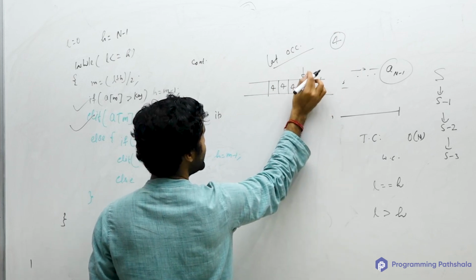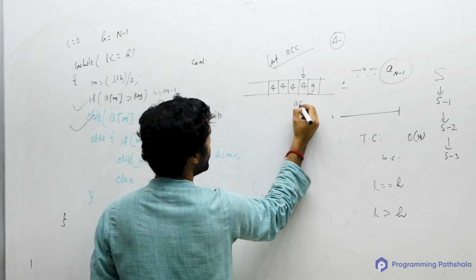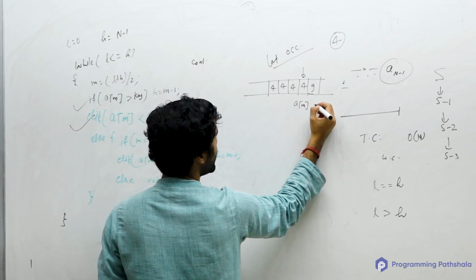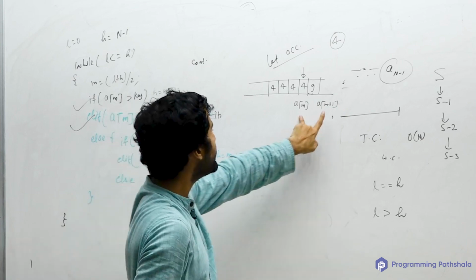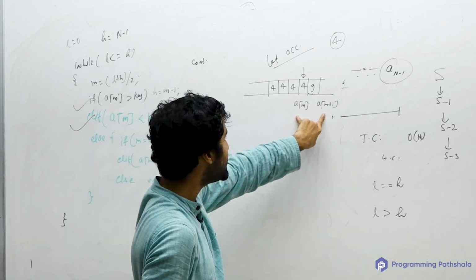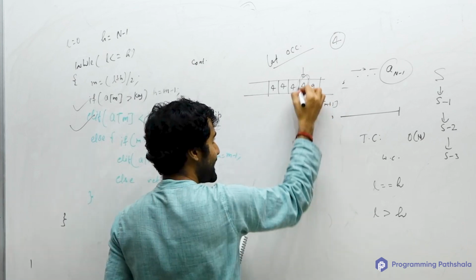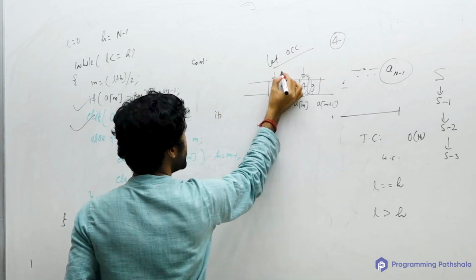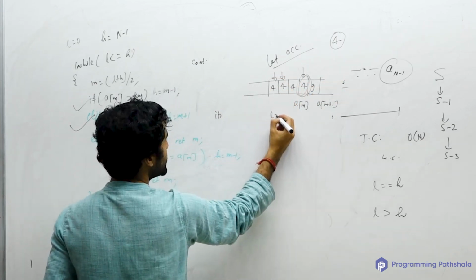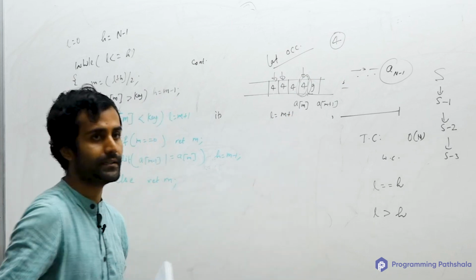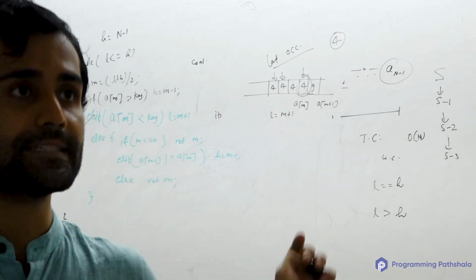So if let's say you are here, then you will try to compare a of m with what? You will try to compare it with a of m plus 1. So if you see that a of m and a of m plus 1 are different, then this itself is your answer. But if they were same, then you would move to the right side. To move the right side, you will do low equals to m plus 1. This is the only change. Is it clear to everyone, guys?